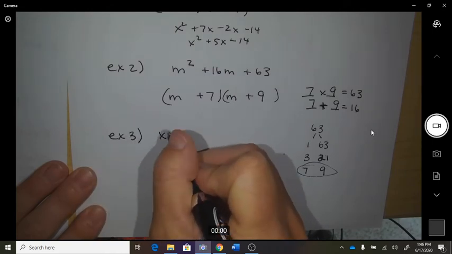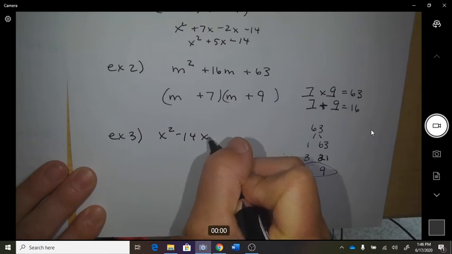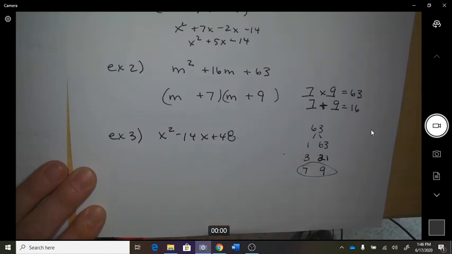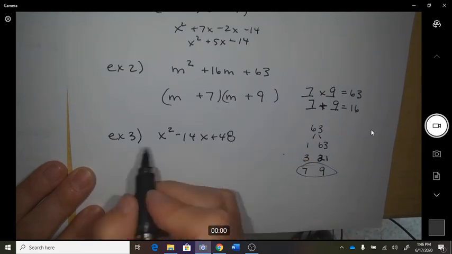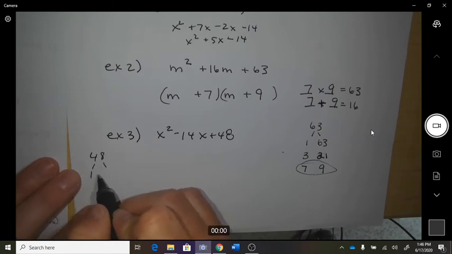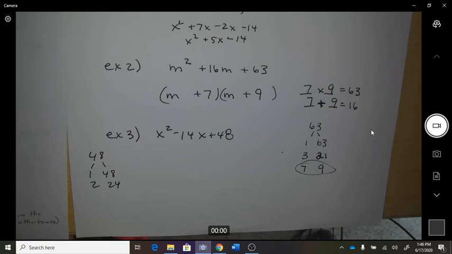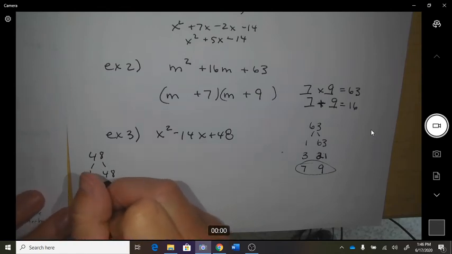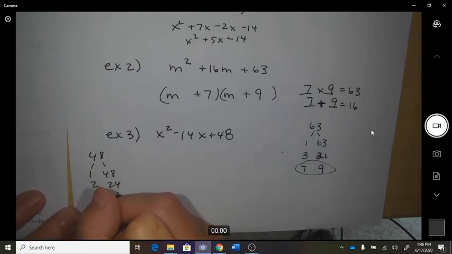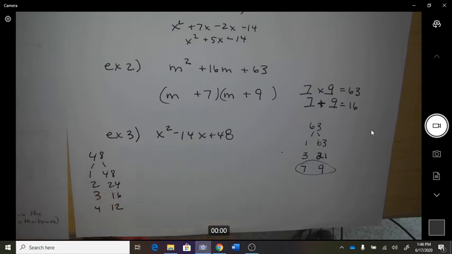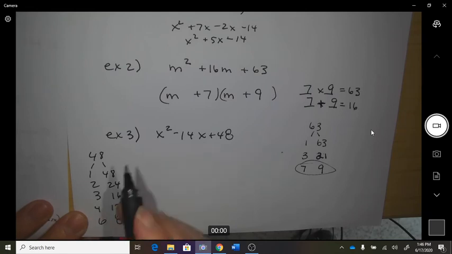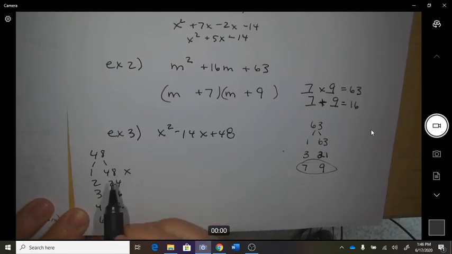Okay, example 3: x squared minus 14x plus 48. Multiples of 48: 1 and 48, 2 and 24, 3 and 16, 4 and 12, 6 and 8. So there's no way to get a 14 from most of these.